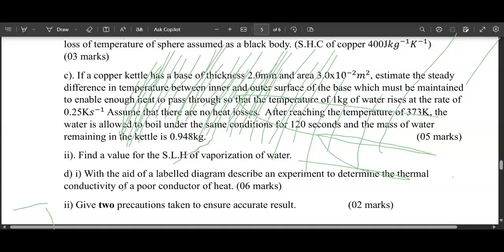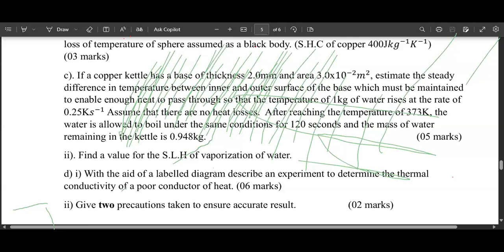So 2.1 divided by 11.4. I am coming up with our change in temperature between the inner surface and the outer surface as 0.184 kelvins. That is between the inner surface of the kettle and the outer surface.